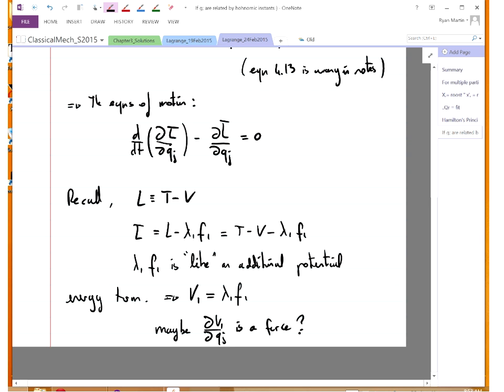I remember a potential, so a potential energy, to do grad of the potential, or ∂V by ∂ the coordinate, you get the force associated with that potential energy. So this Lagrangian multiplier term at the end, mathematically it looks like a potential. And so maybe if you take the derivative of it, it looks like a force. That's just mystery, curiosity at this point.